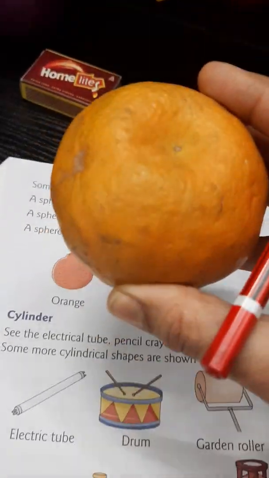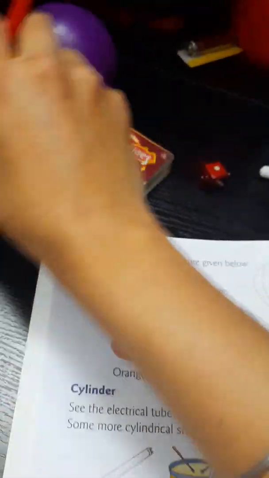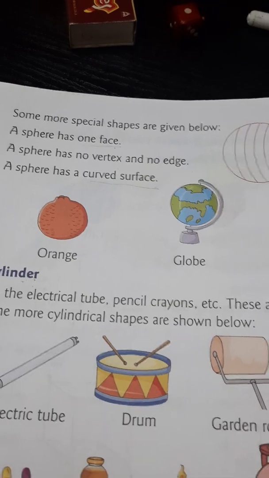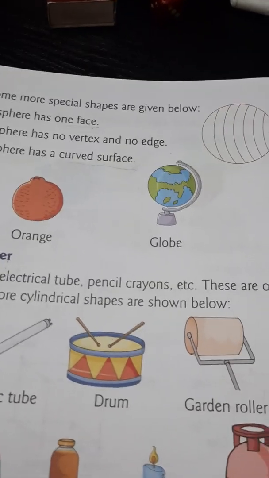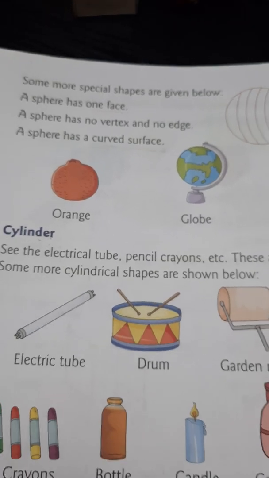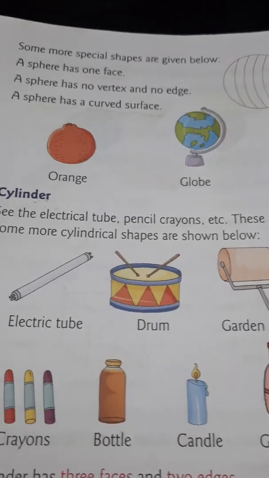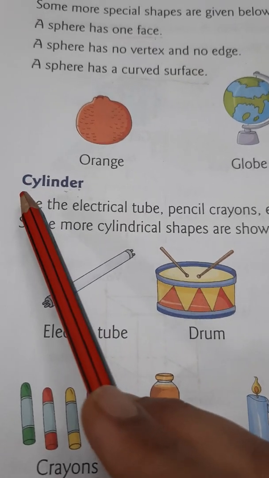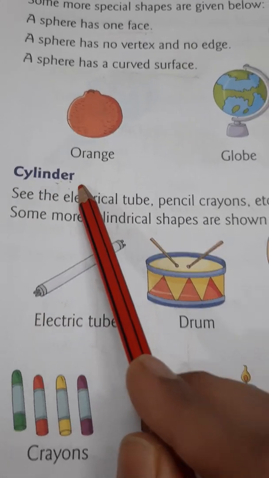Another example of a sphere is orange. Now at your home you can find different things which are spherical in shape, cuboid in shape, cubical in shape, and you can write the examples of it in your rough copies.